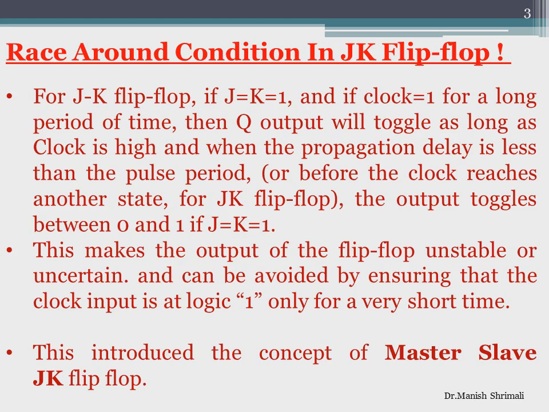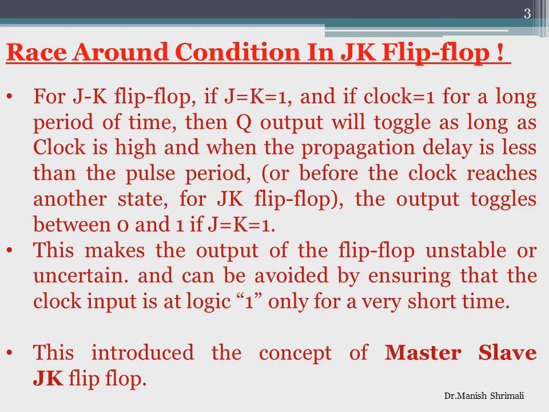Now, in our earlier lecture on the JK flip flop, we had come across the inputs where both J and K are 1 1, and the output gets toggled. So there we came across this condition that when both the inputs J and K are 1 and the clock is high for a long period of time, the output keeps on toggling.